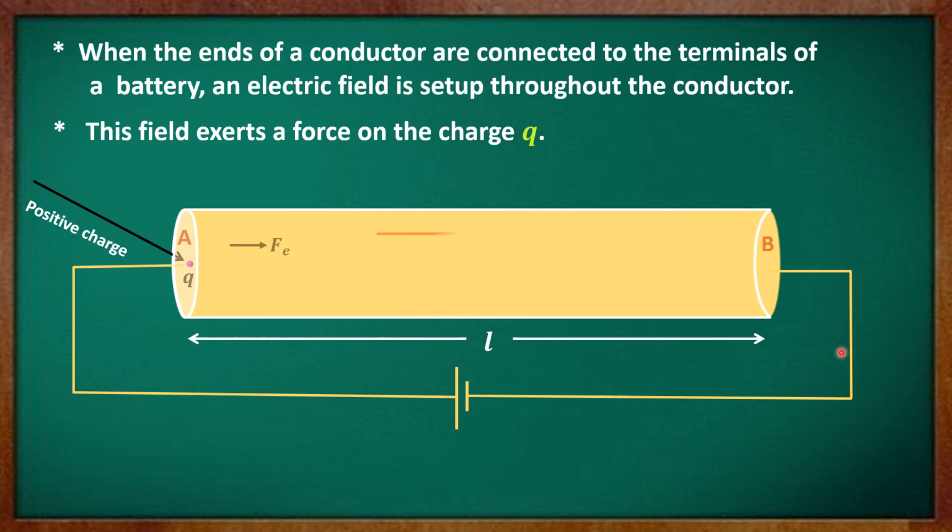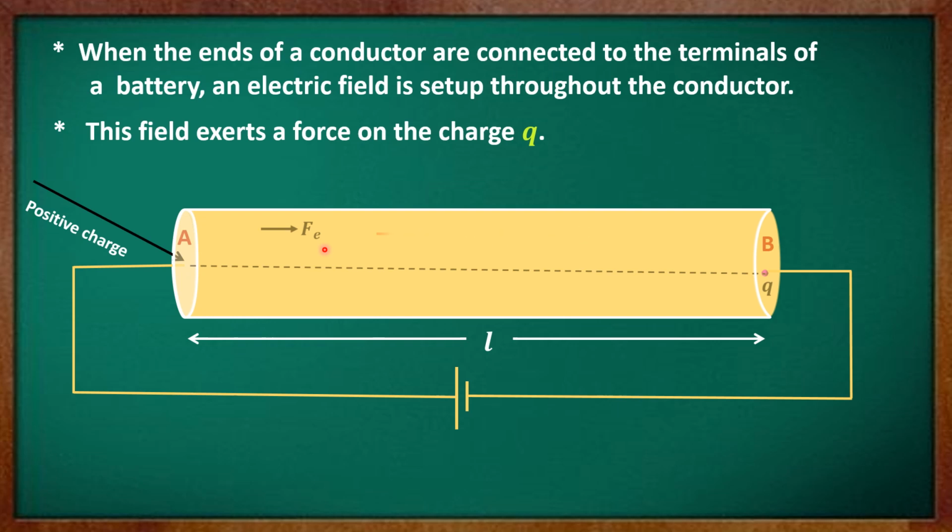See here, this force is acting on this. For that reason, it is moving along the length of the conductor. It has moved through a distance L. That means the electric force Fe has done some work on the charge Q in carrying it from A to B. You can see once again how much force is acting on the charge Q. It is the force Fe.